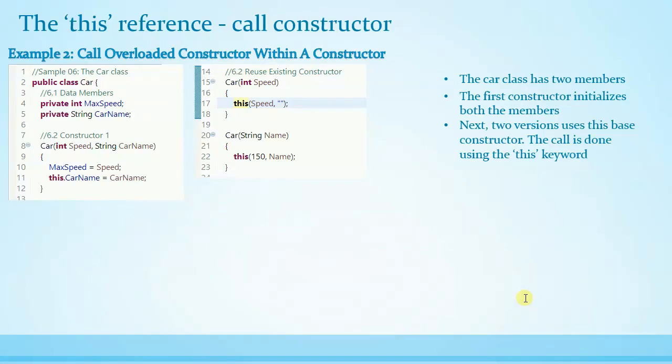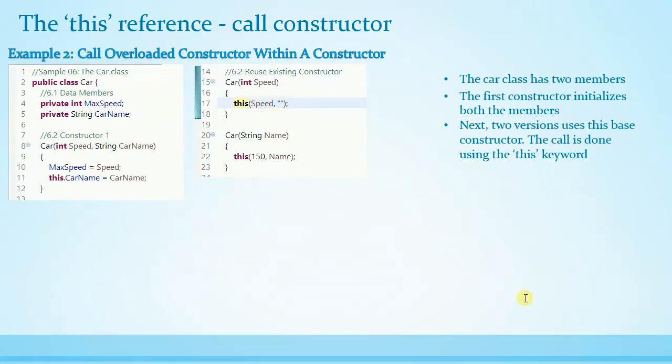But as a class designer, we want to initialize both the members, whether they call the constructor with only speed or with only name. So if they call it with only speed, then we make a call to our base constructor, which runs from 8 to 12. In the speed version of the constructor, we supply the speed parameter to the existing constructor, and name we are supplying with a blank.